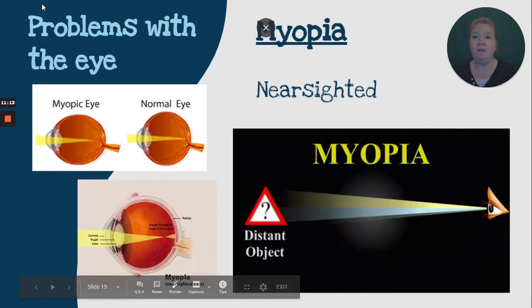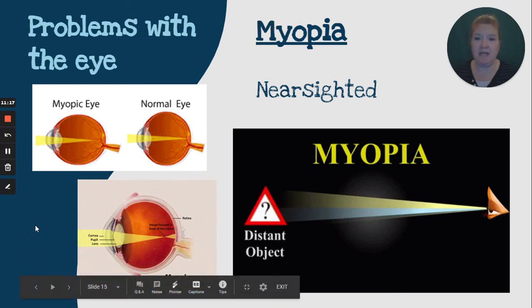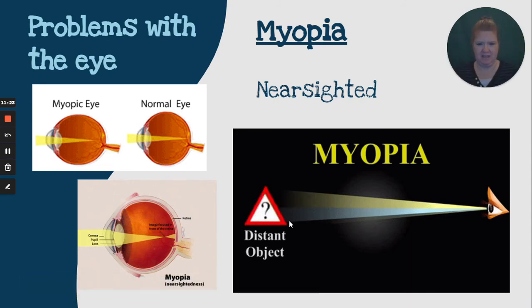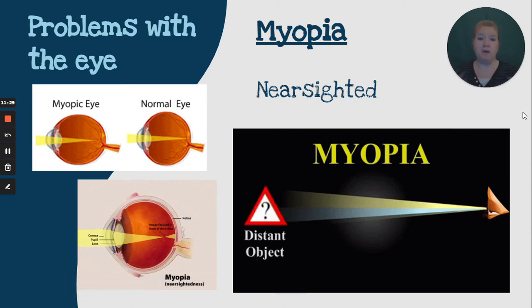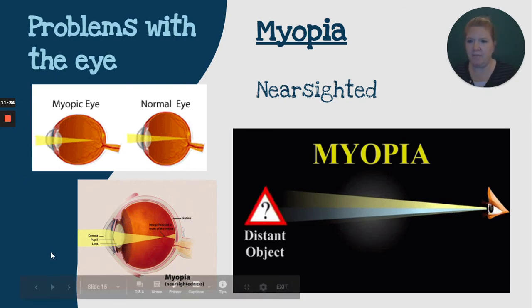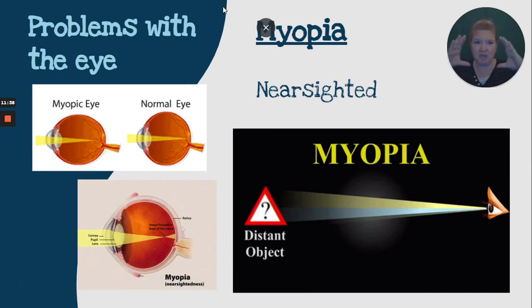All right, myopia, fancy word for nearsighted. What does that mean? That means you see well near, and it's hard to see things far away. So you can see a distant object, question mark, like what is that? I can see near easily and not so far away. So you can see in these pictures what happens with the myopic eye is that instead of being more rounded, it kind of gets stretched out. It's a little too long.